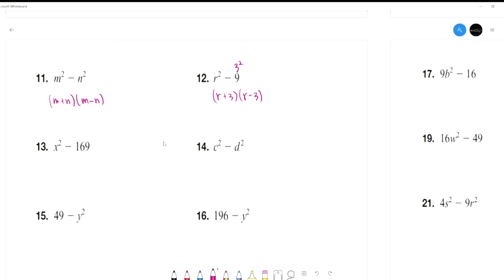Did everyone get those? Yep. Okay. Number 13, a little bit harder, but hopefully not too hard. If you see a difference of squares problem, you got to know it's always going to be something squared minus something else squared, right? So if you see a number like 169, I know most of you don't have this memorized, right?